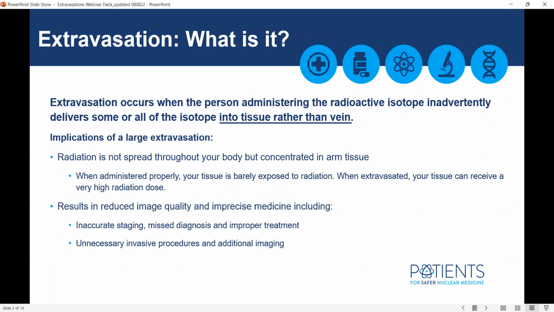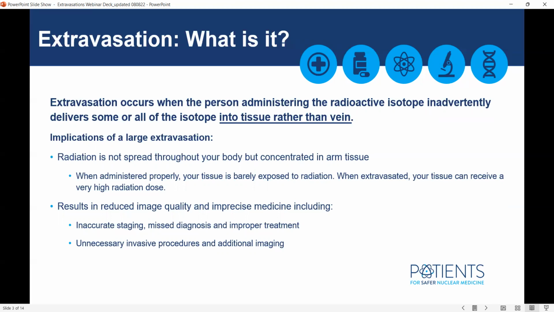An extravasation occurs when the person administering the radioactive isotope misses the vein and the isotope is injected into your tissue. If this is a large extravasation, that radiation is now concentrated in your tissue and is not flowing throughout your body like it's supposed to be. These large extravasations can now be harmful to the patient and can lead to long-term tissue damage further down the road.